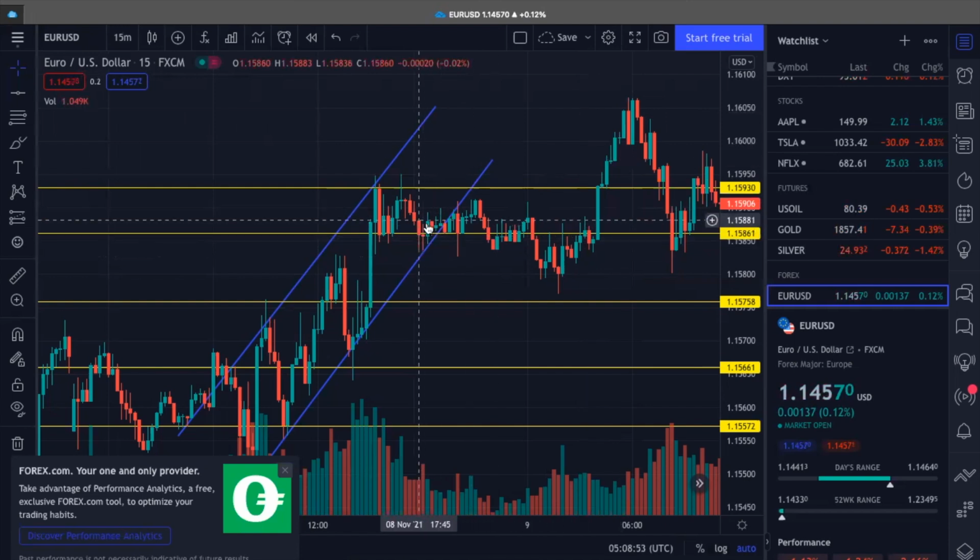So anytime that you see that your resistant line is not getting higher within your trend line and you see the momentum of your candles starting to get smaller, do not get in based off that trend. You have to wait. You have to wait.